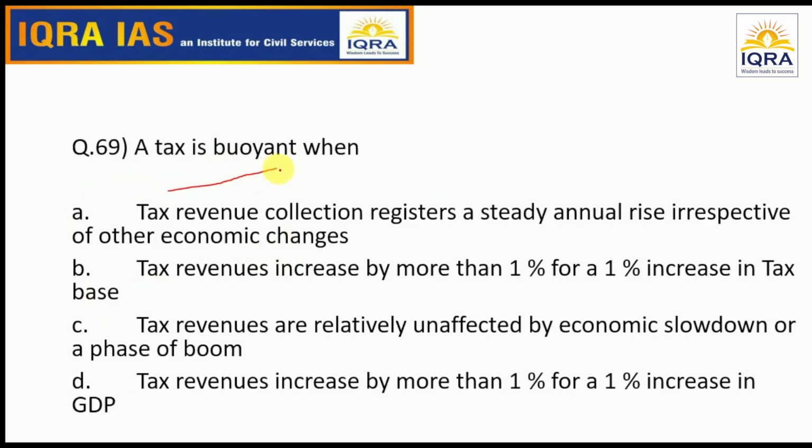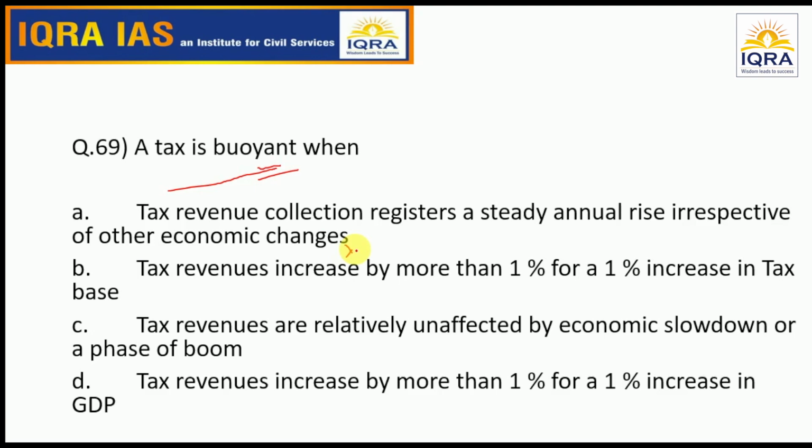A tax is buoyant when? This is a direct question on tax buoyancy. The option says tax revenue collection registered a steady annual rise irrespective of economic changes. No, this is what buoyant force is when you apply a force. Let's take a ball floating, and when you apply a pressure, it will rise with a higher pressure.